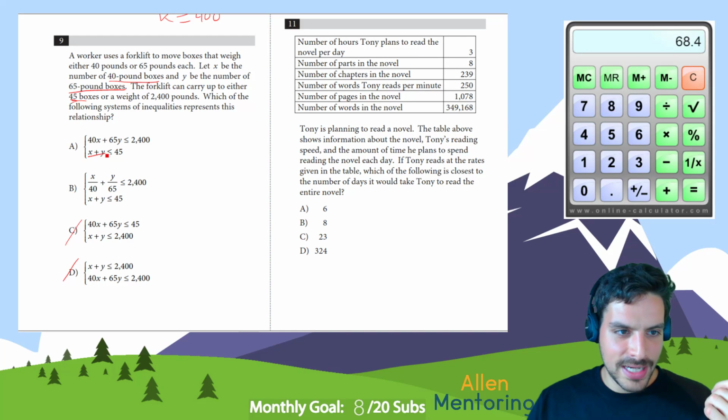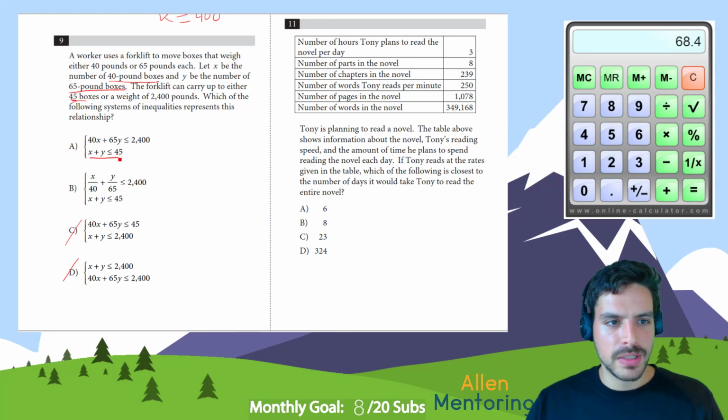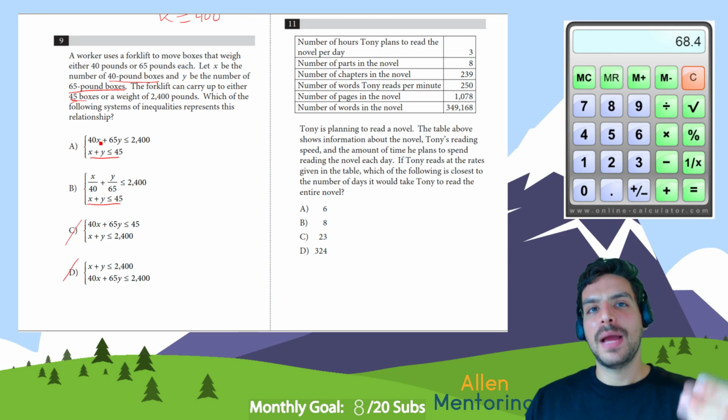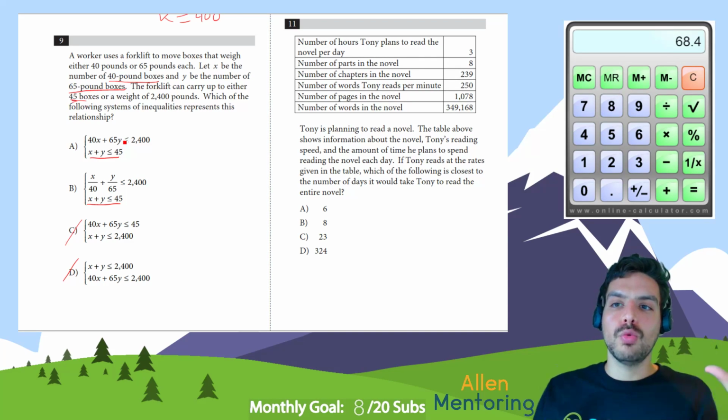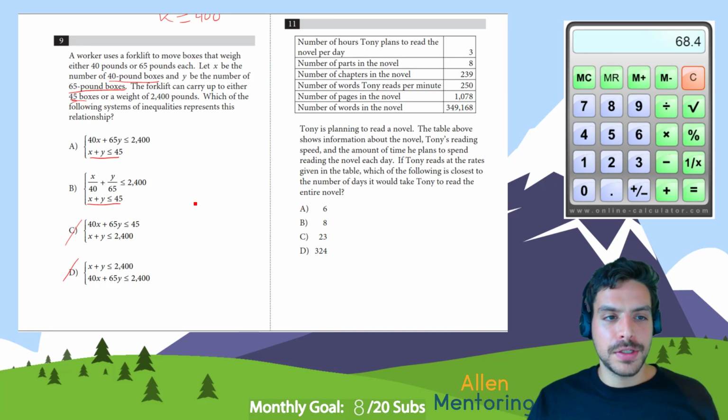Because we need to see that X plus Y is less than or equal to 45. And so lastly, we want to see that there's a max weight of 2,400 pounds. So for every 40-pound box, we want to multiply by 40. And for every 65-pound box, we want to multiply by 65 to get the total weight. And combined, the total weight must be less than or equal to 2,400. So in our case, A is the correct answer.